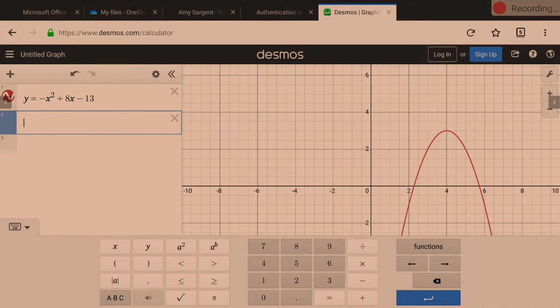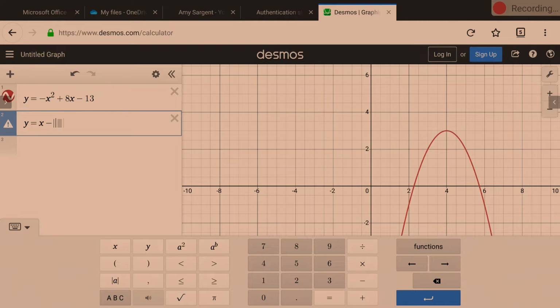Then I'm going to go to my next line and type in y equals absolute value, which is right over here, above your ABC symbol. There's your absolute value bar. And then x minus 4.